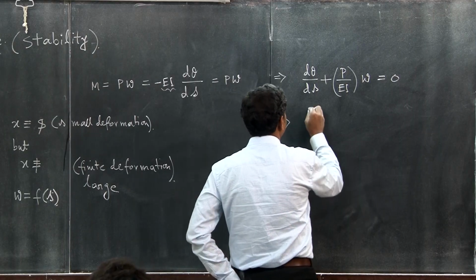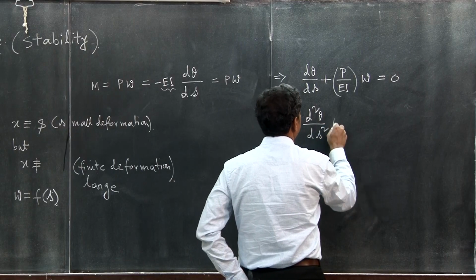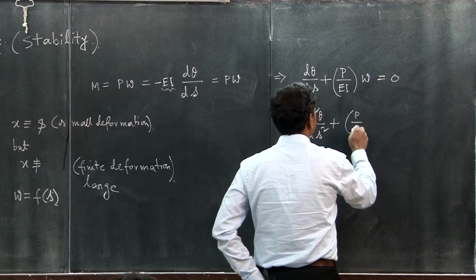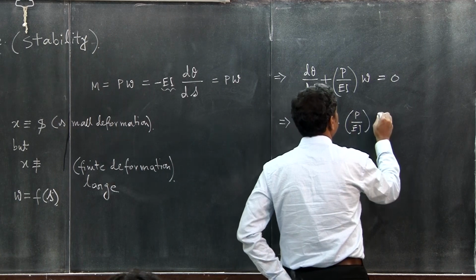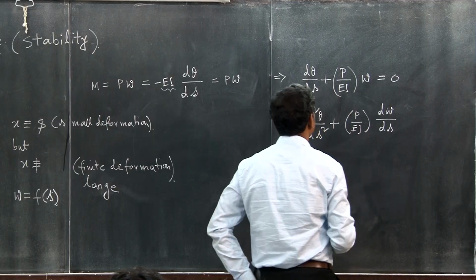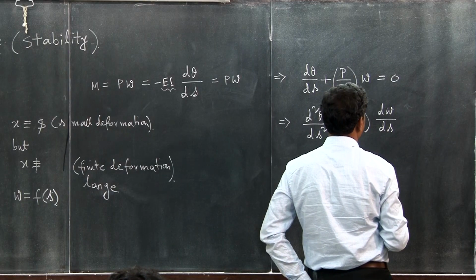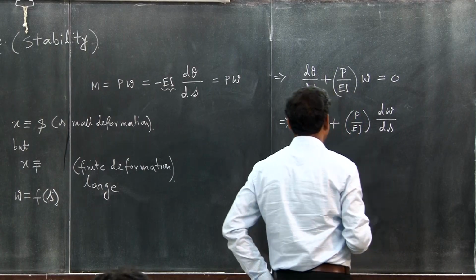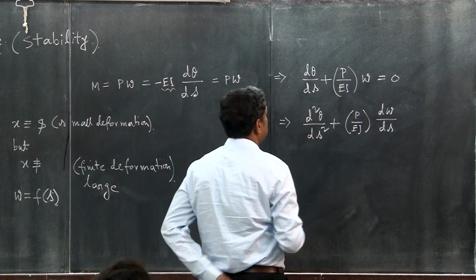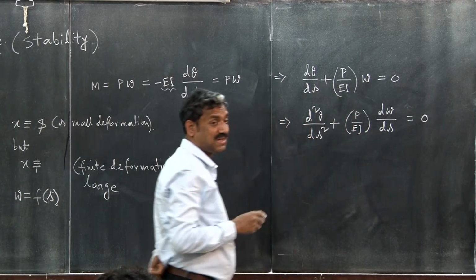We'll differentiate it once. So d2 theta ds2 plus P by EI dw ds is equal to 0 if you differentiate it once, right?